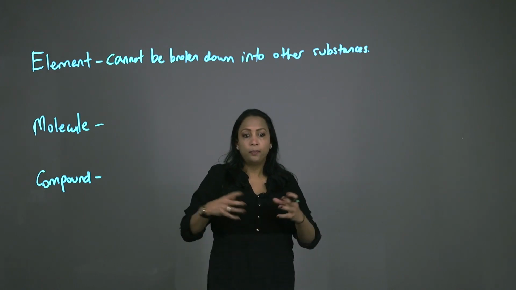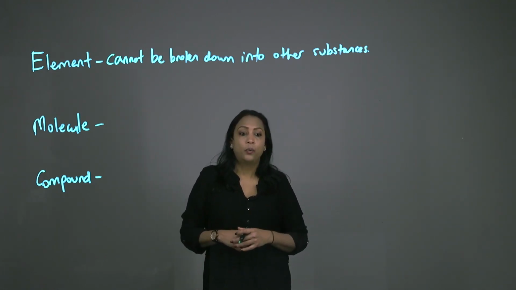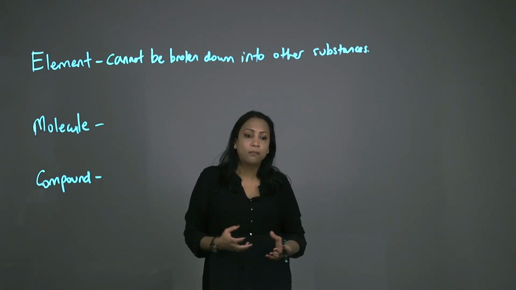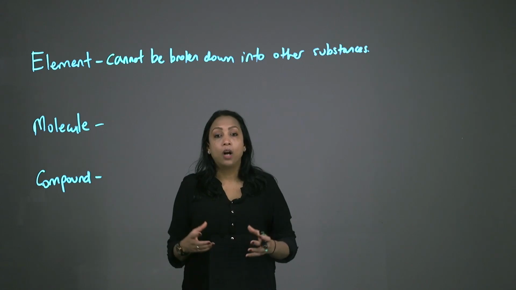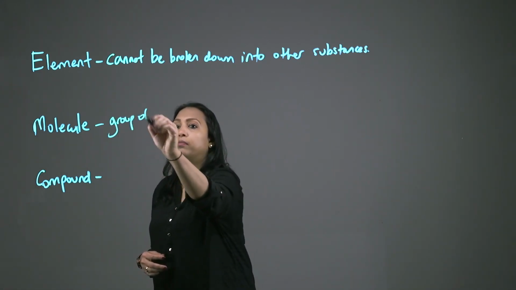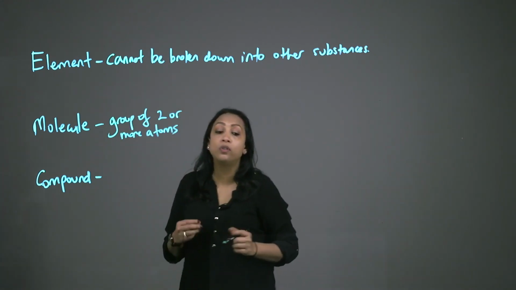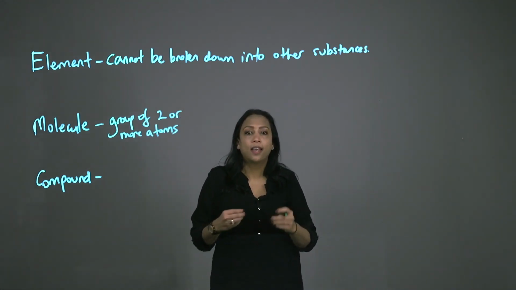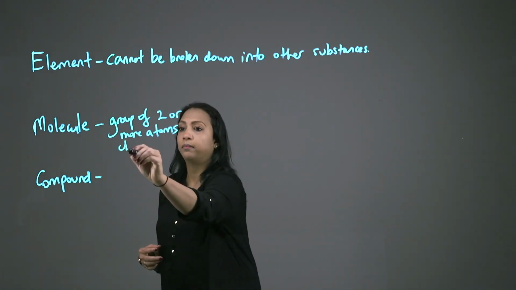So the periodic table represents all of the elements known to exist with their symbols, atomic numbers, and mass numbers, and we've already explored this. Now, a molecule is a group of 2 or more atoms that are held together by attractive forces or chemical bonds.